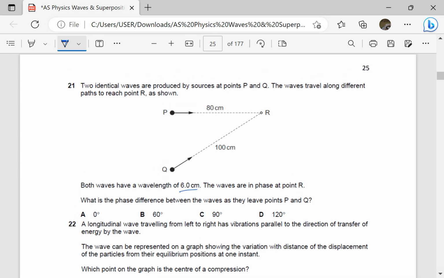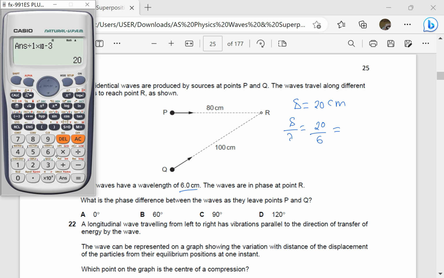So if they are in phase at point R, let's first find the path difference. Path difference is equal to 100 minus 80, which is going to be 20 centimeters. So we divide the path difference by the wavelength, which will be 20 divided by 6, that is 3.3 recurring.